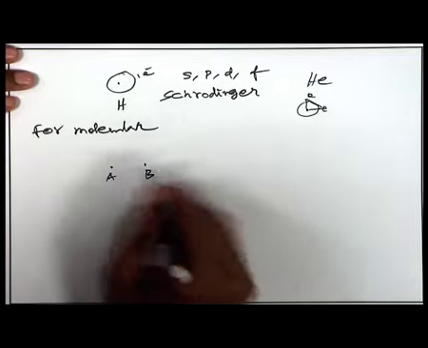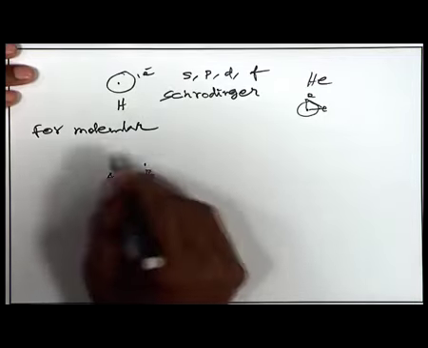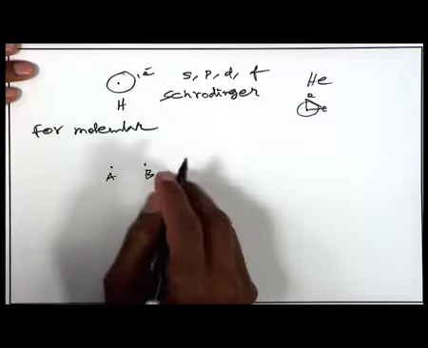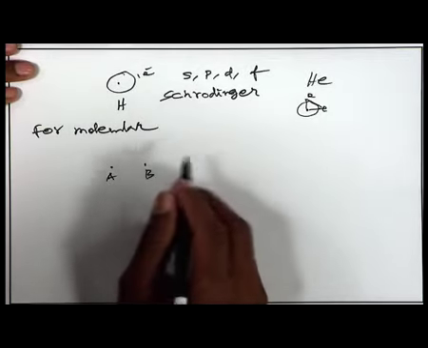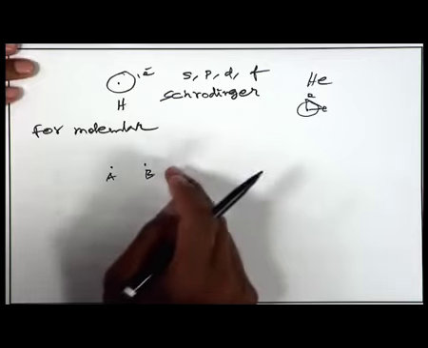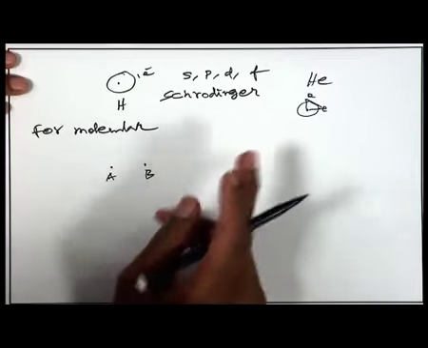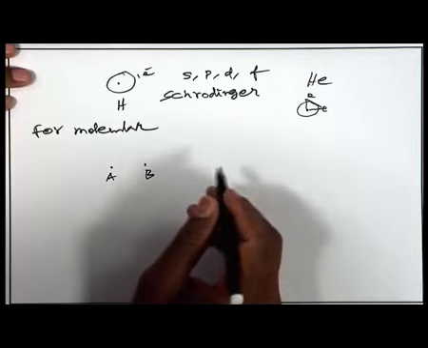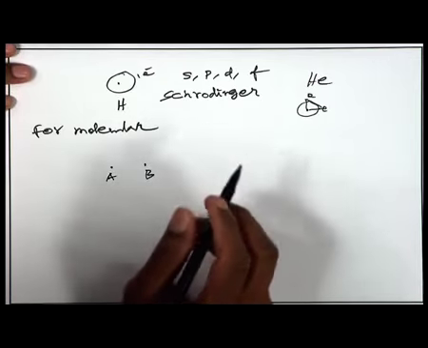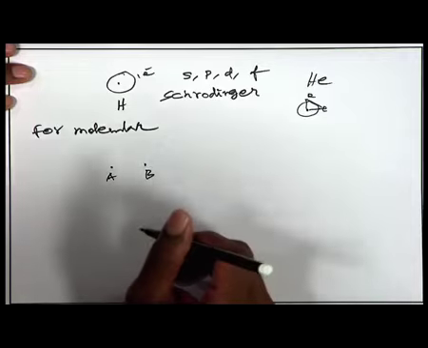You can add electrons to the molecular orbitals and then calculate energy levels, but doing that calculation is very tedious and cannot be solved exactly. That is why we have to go for an approximate method of finding the energy levels.